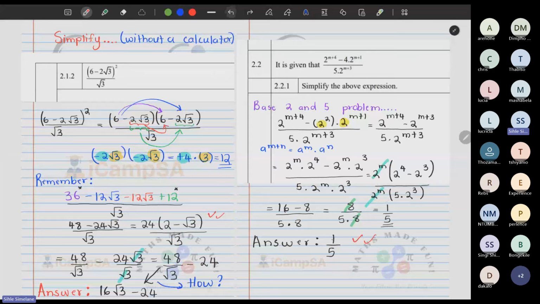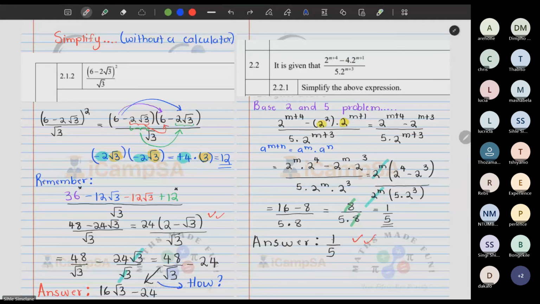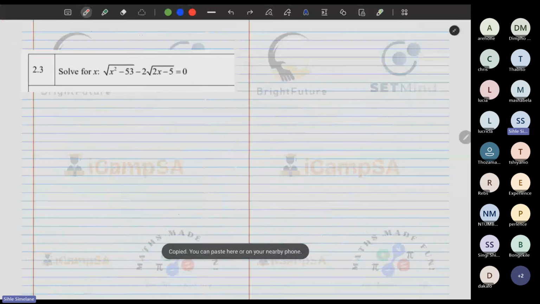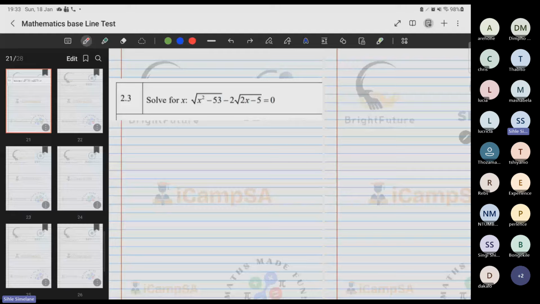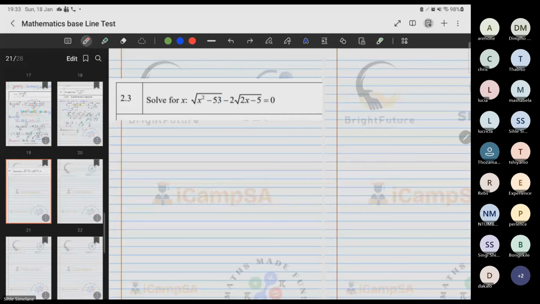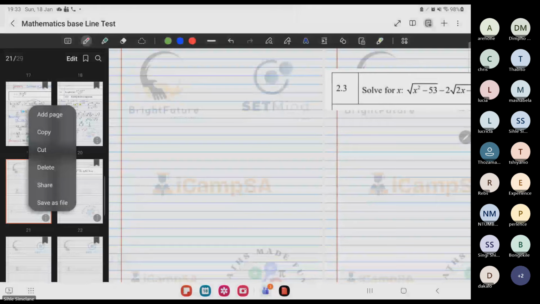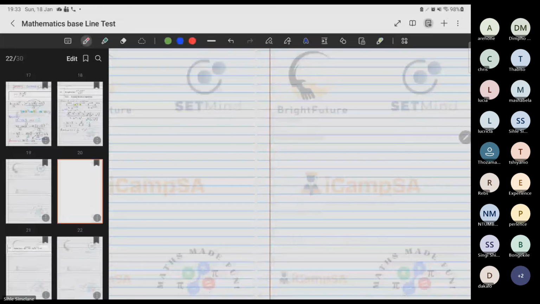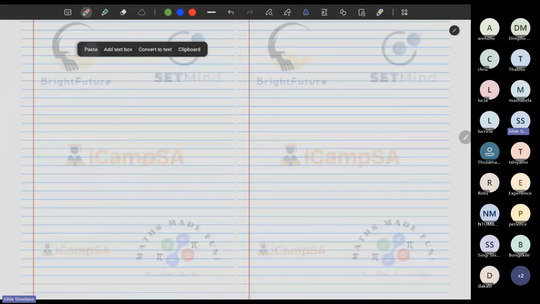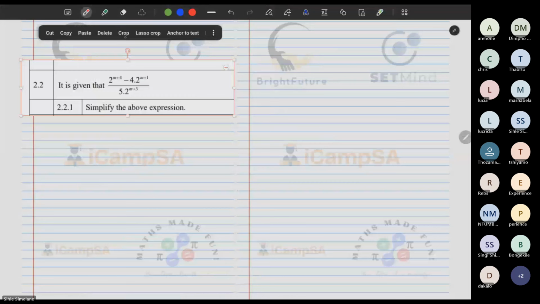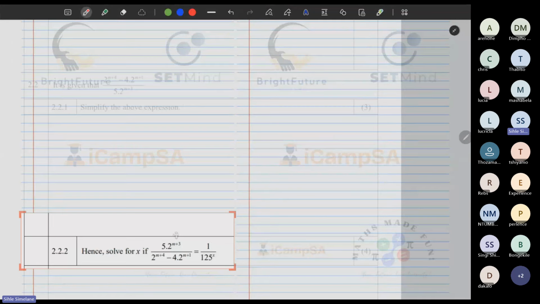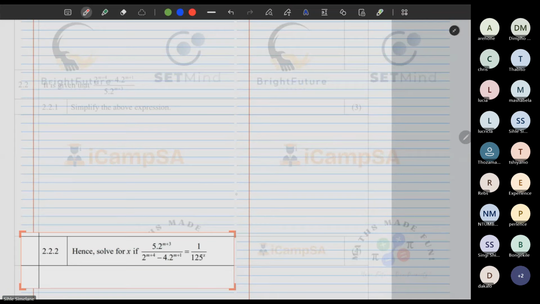Okay. So let's go to the next page and do the next question. So let's add some pages here. Practice is really what makes you become perfect in these problems, guys.